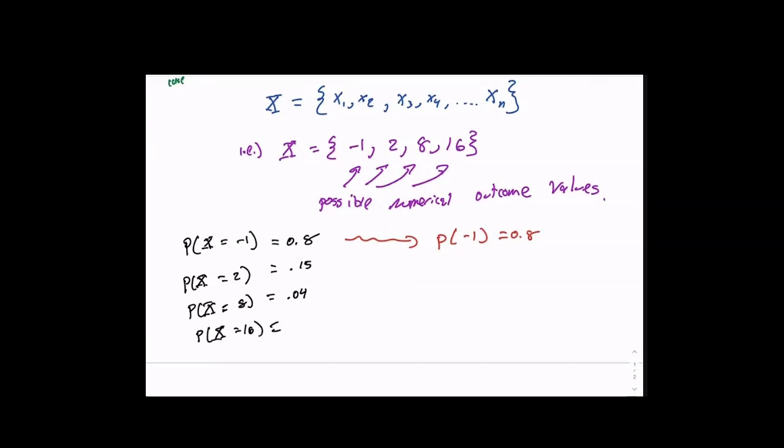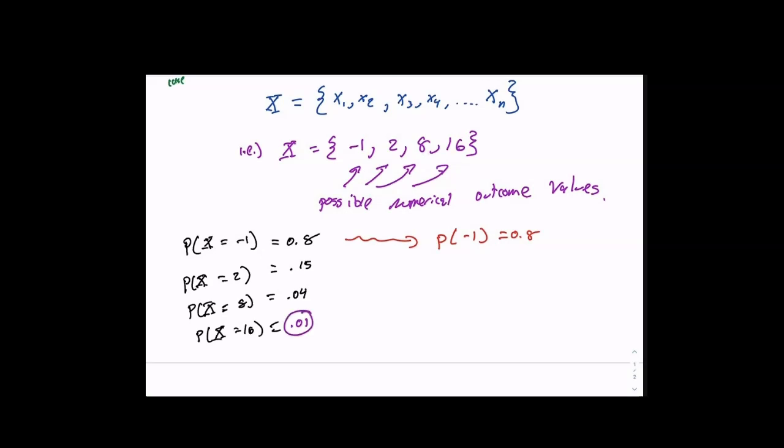This should be a basic question. I've given you enough information where you know what the last answer has to be. Yeah, 0.01.